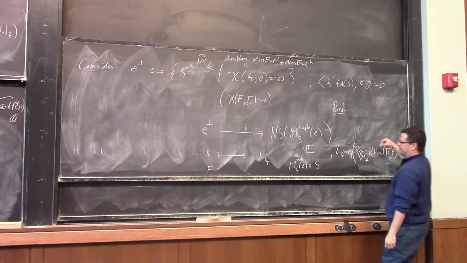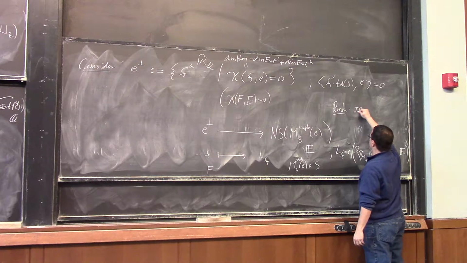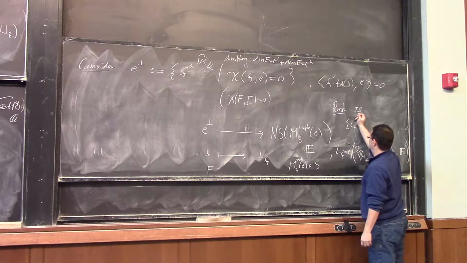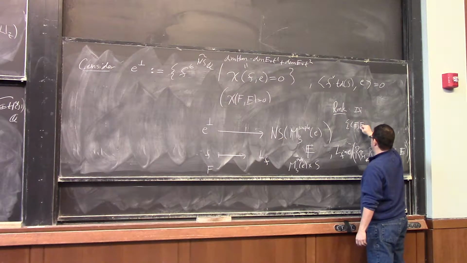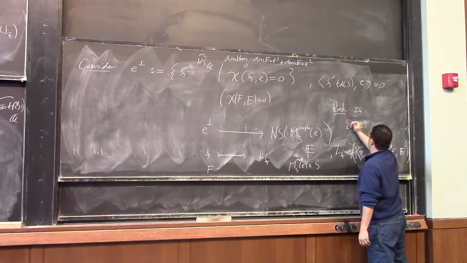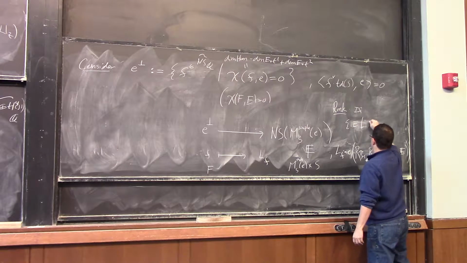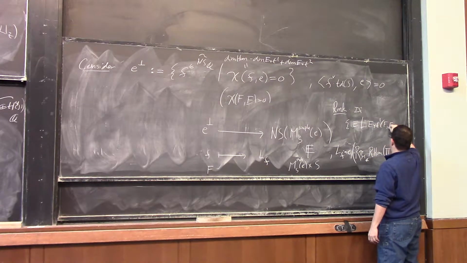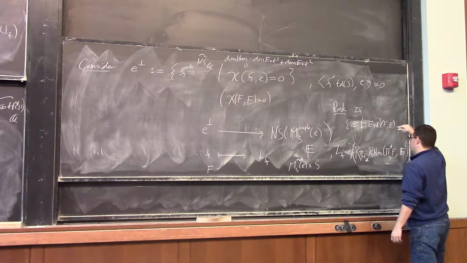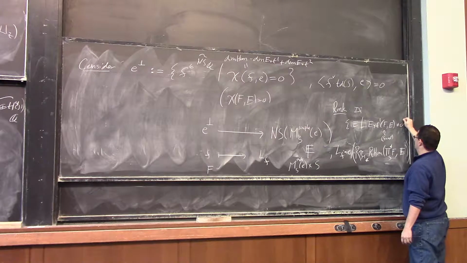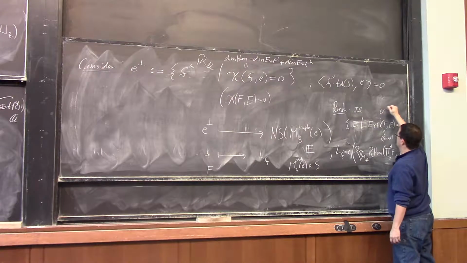So the other remark is that, to make things look like what I had written before, consider the set of E such that x1 of fe, so this was fixed, is not 0.